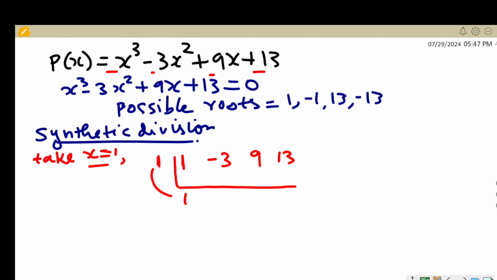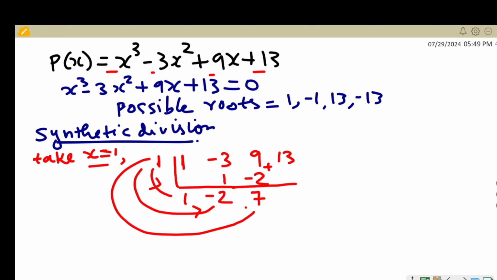Multiply 1 with this 1. We will get the product as 1 and we have to write the 1 here. Now we need to add negative 3 plus 1 and we will get negative 2. Multiply 1 and negative 2 and we have to write it here. Add 9 plus negative 2, we will get 7.